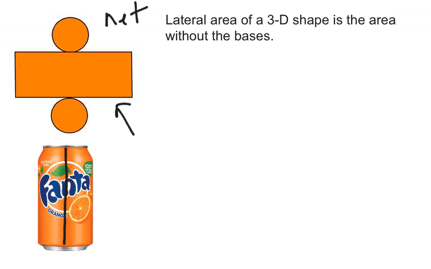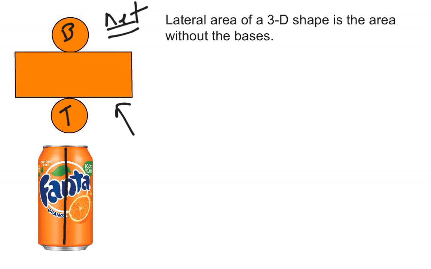It might surprise you to find out that the net of a cylinder is two circles, the top and the bottom, and then the middle part is actually a rectangle. If you imagine it's a label, like on a soup can or this Fanta can, it ends up being a rectangle. That's what the net looks like. So please draw a net of a cylinder.